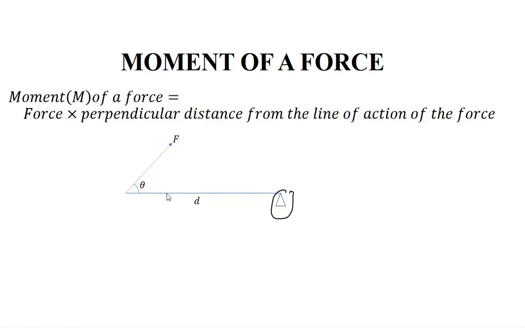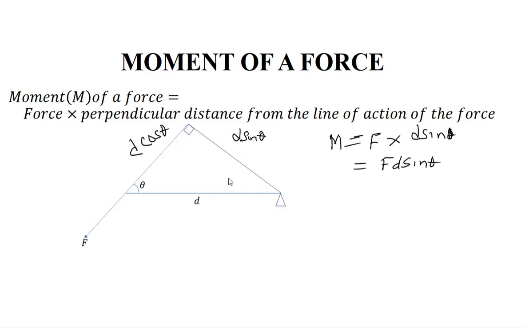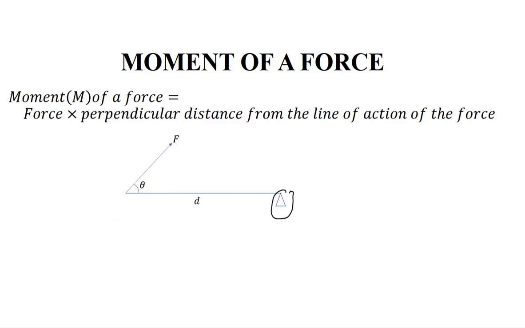Unlike the one we just took, if we move like this, it's not perpendicular to the force, but if we move like this, it is perpendicular to the force. So in this other example, there is no distance that is perpendicular to the force.